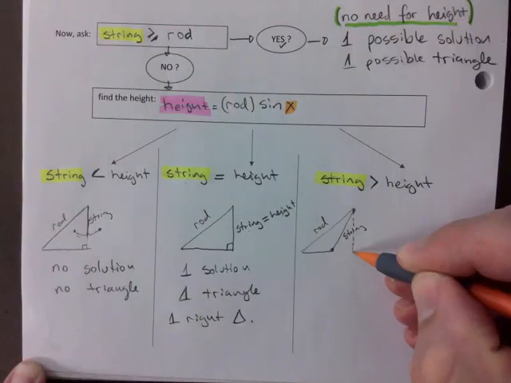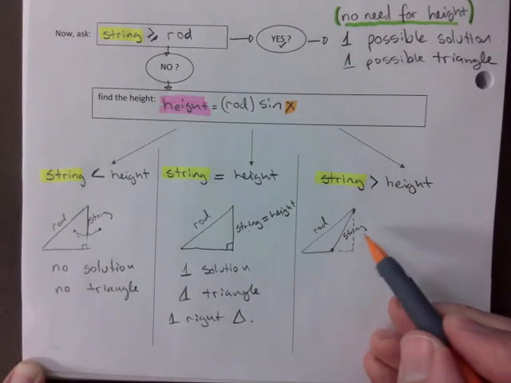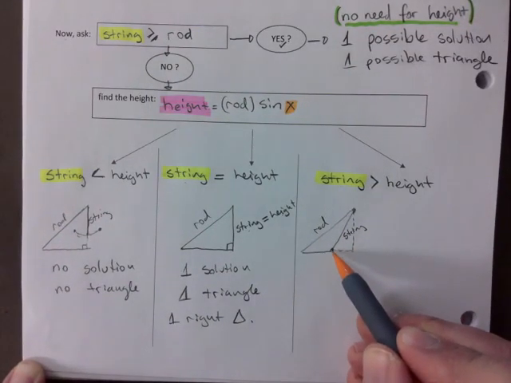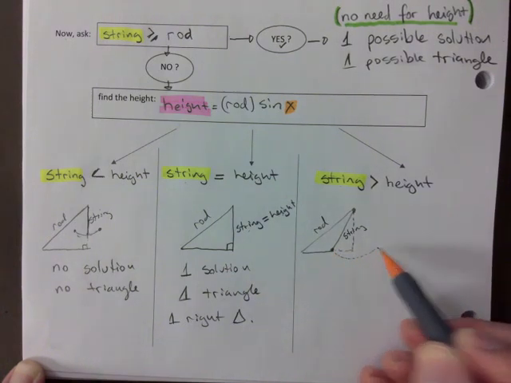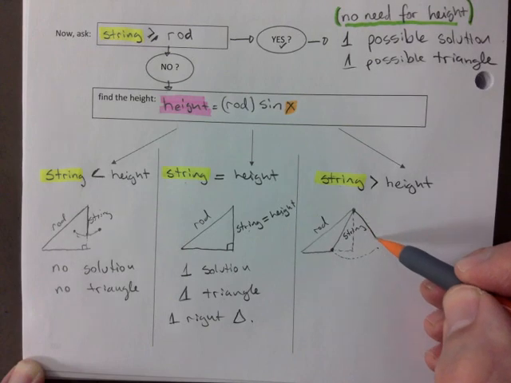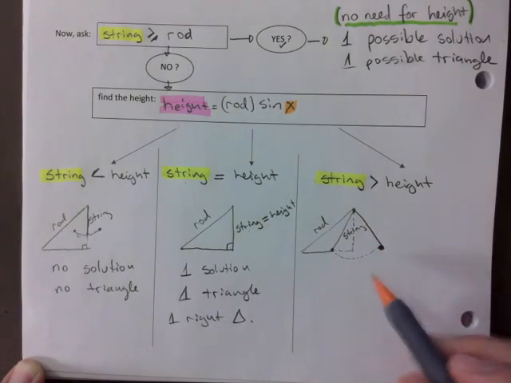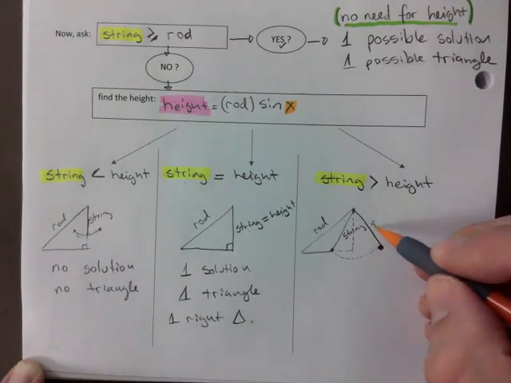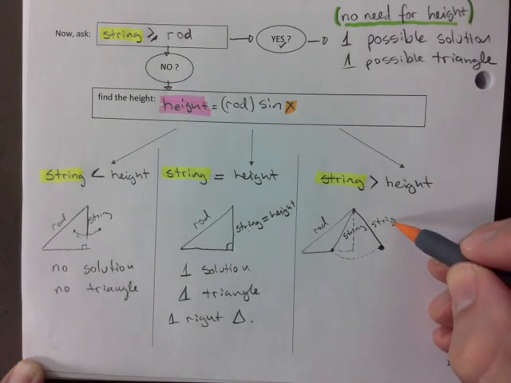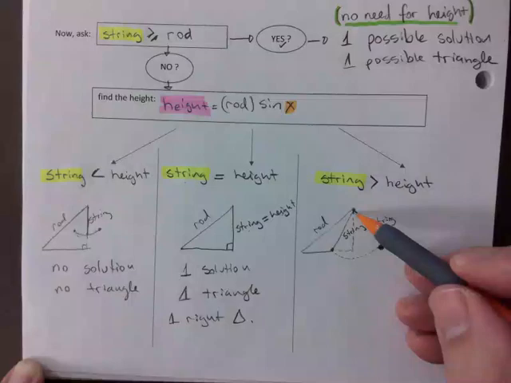The height is right here with the ground, but the string swings this way, and then it will also swing out like this. So you have your other triangle out here. Okay, so it does that. So string, string, and string. You have one here, one there.